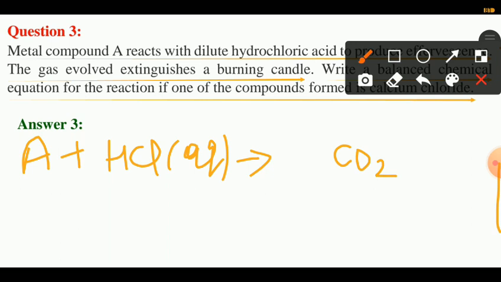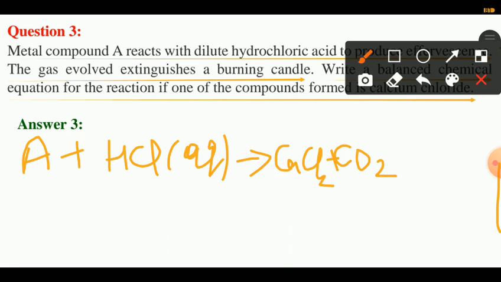And what is given next, that is, write a balanced chemical equation for the reaction if one of the compounds formed is calcium chloride. One of the salts formed here is calcium chloride, CaCl2, plus carbon dioxide, and maybe some other product is also there. Whatever the information we got from the question, that is this.